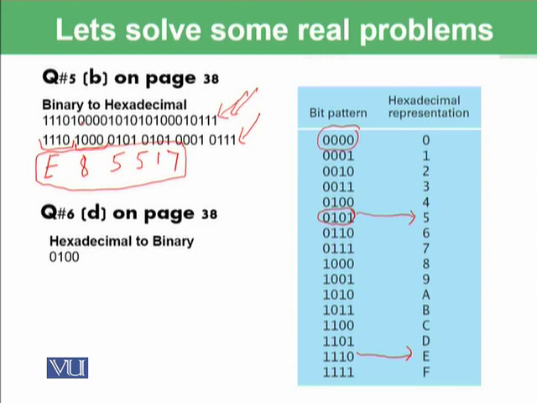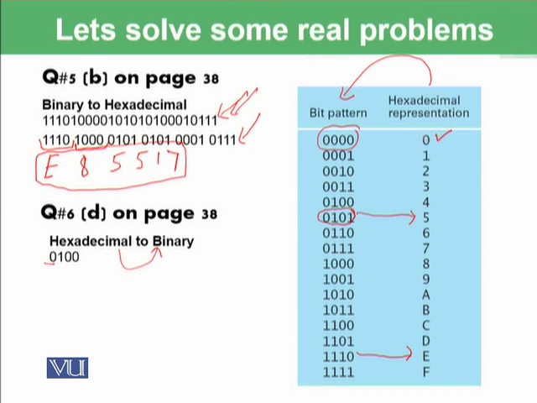Similarly, there is another example where we want to convert hexadecimal to binary. We have 0100. When we want to convert hexadecimal to binary, you go from the hexadecimal symbol to its bit pattern. In hexadecimal, you need to see where 0 is.